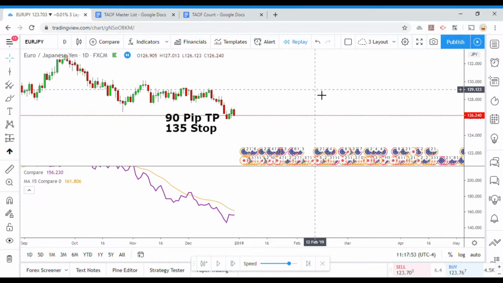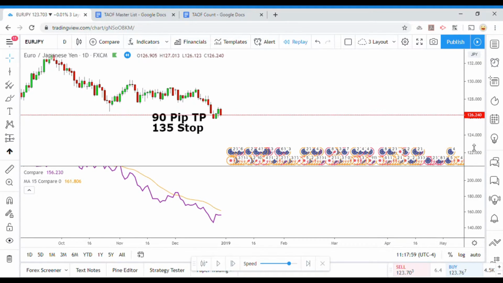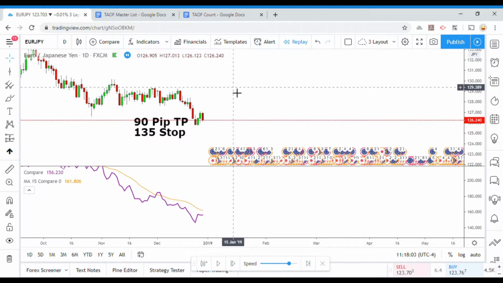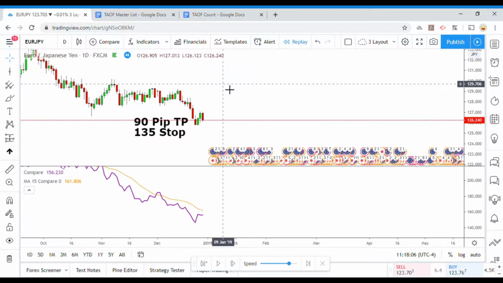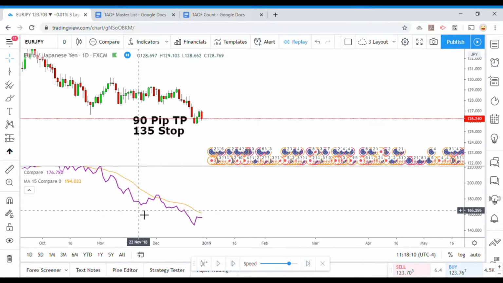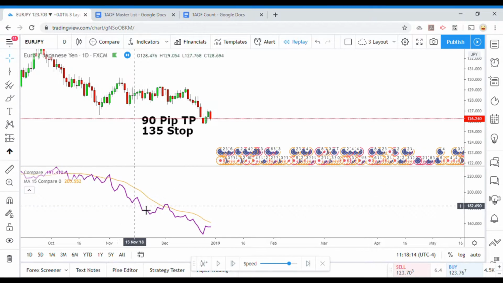We are on a random pair as usual, and the take profit and stop are designated, of course, by the ATR, which I've explained in other videos, and we are testing them on a random year. In this case, it will be 2019. The indicator itself, like I said, is a 2-line cross.